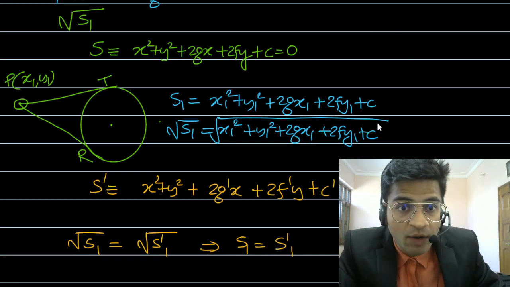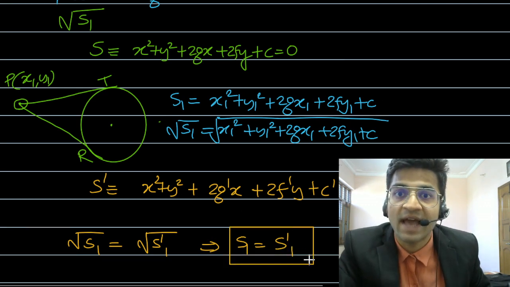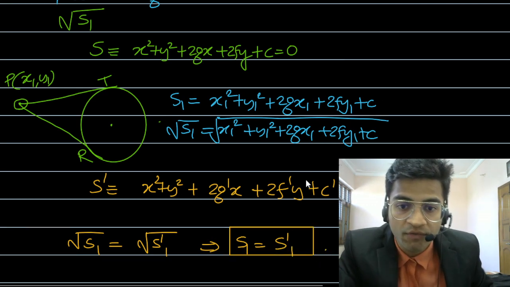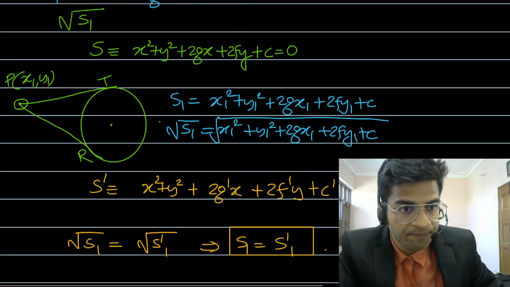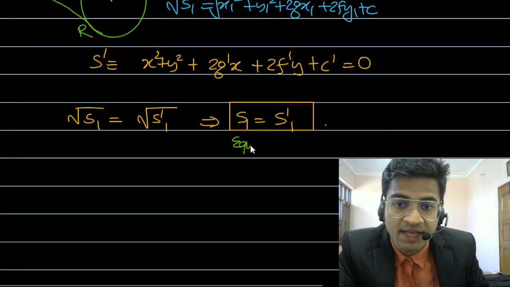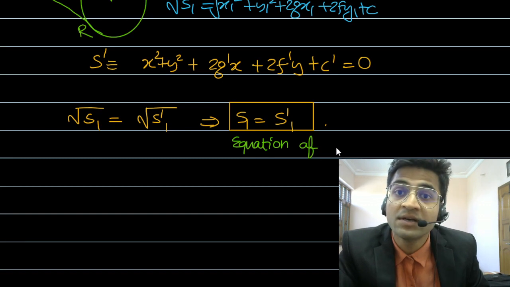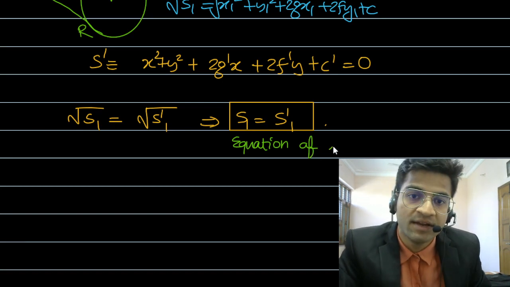This is the equation of radical axis, and interestingly it will be the equation of a line.